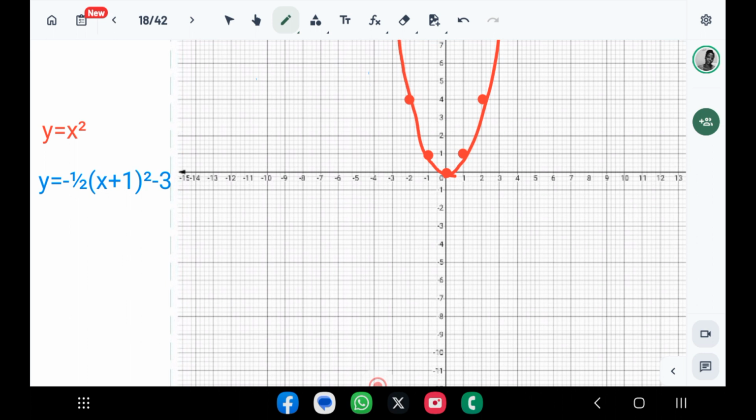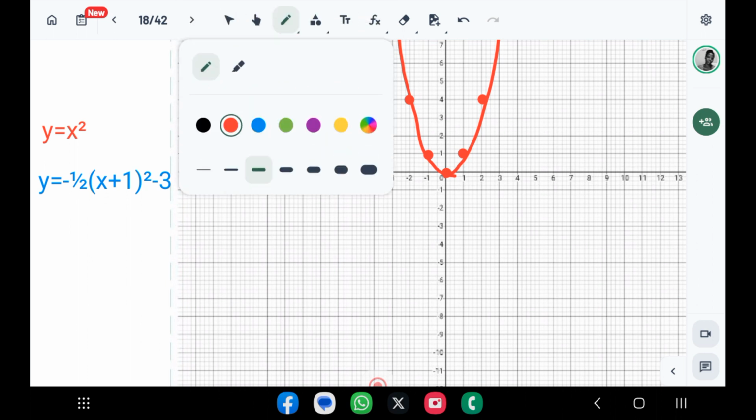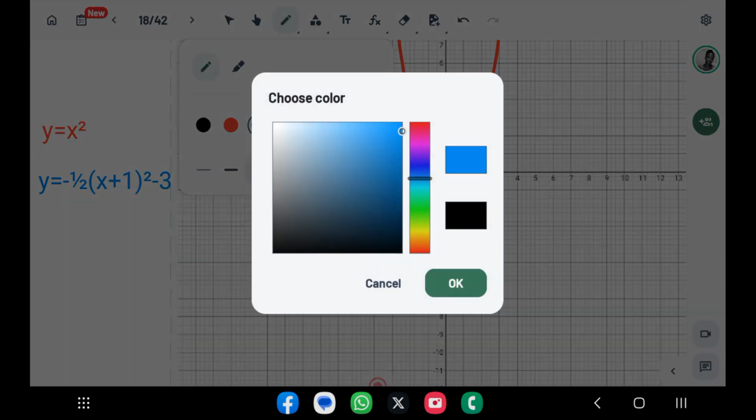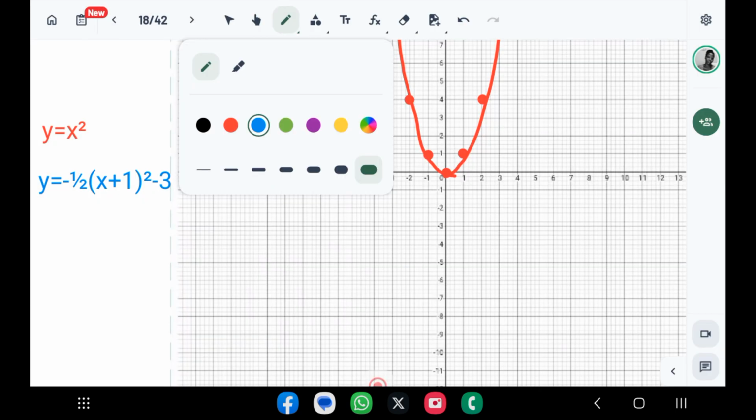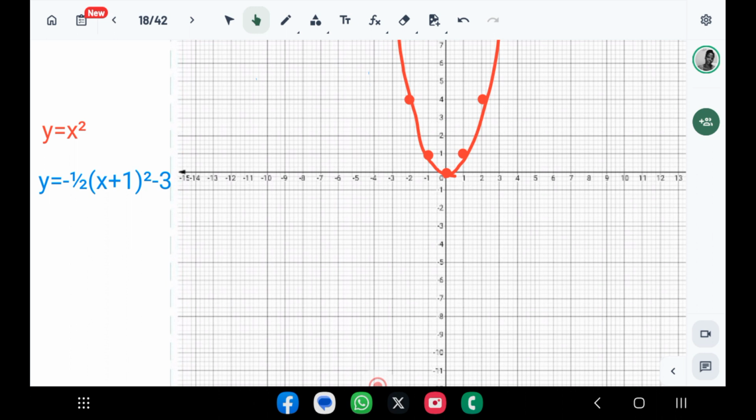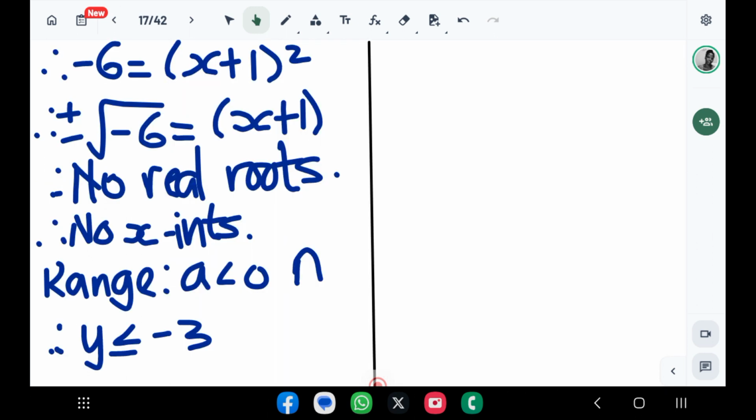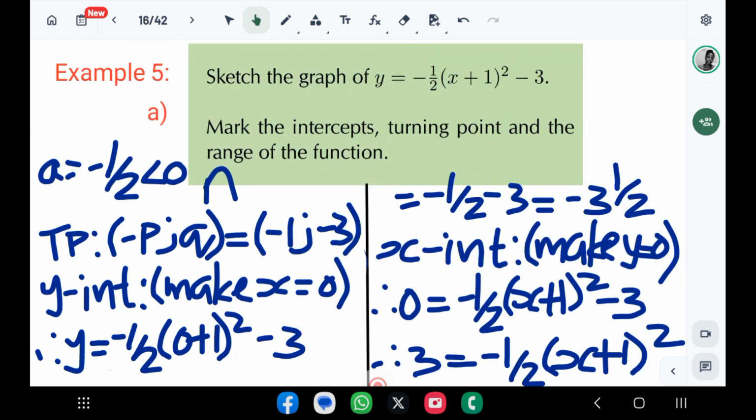All right, now let's plot the graph of y equals minus half (x plus 1) all squared minus 3, using the blue color. Okay, what is the y-intercept? The turning point is (-1, -3).